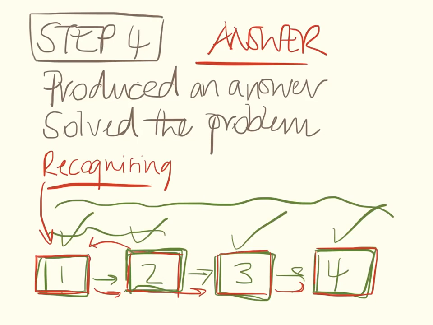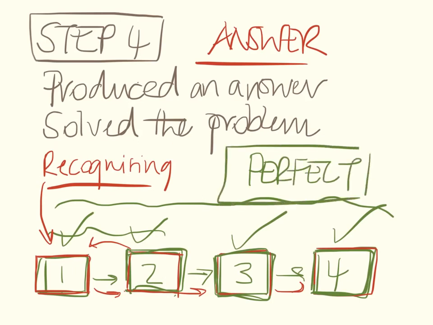But let's say that you do select the correct method, you do then carry it out correctly, and then the answer at the end is all correct. You almost get what you could call a perfect answer. Now in mathematics, in theory, it's possible to get this thing completely nailed down, identifying the problem correctly, selecting, applying, and then producing a result.